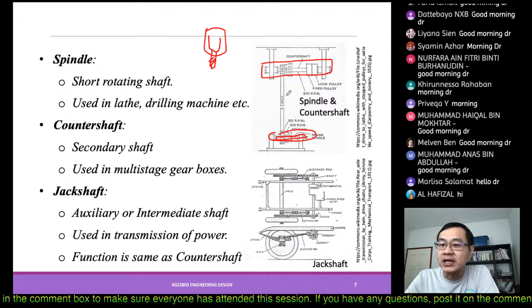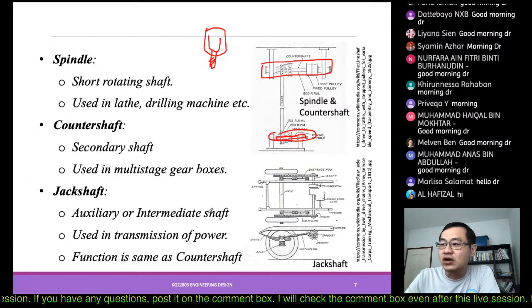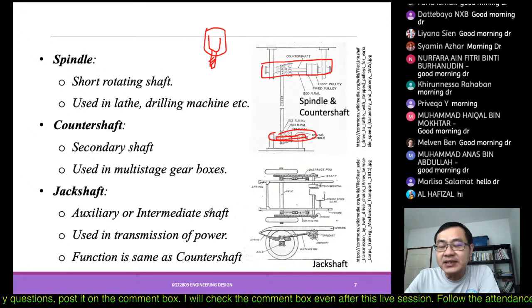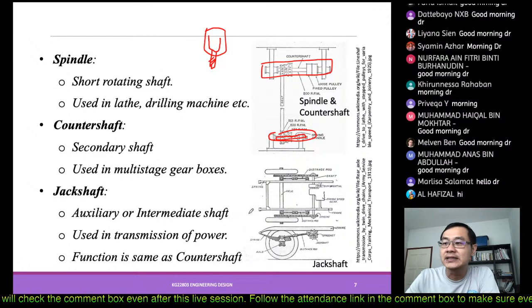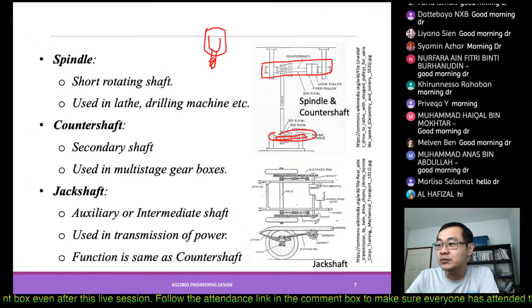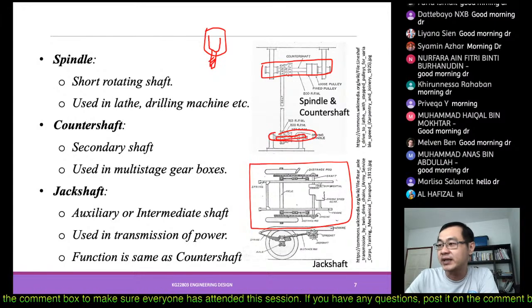Then we have also a jack shaft. The jack shaft is an intermediate or auxiliary shaft, and it is used in power transmission. You may see that this is a top view of, let's say, a train. The train consists of two wheels.